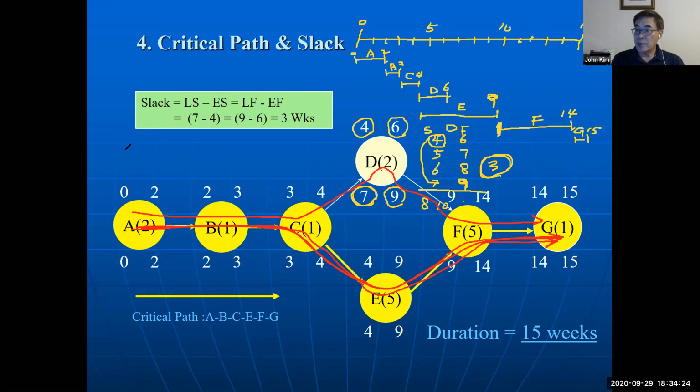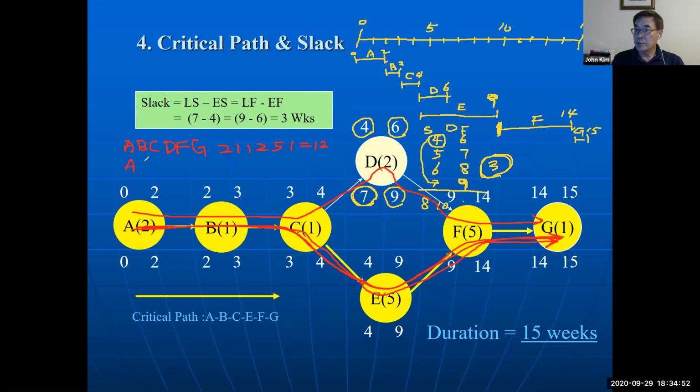The first one is A, B, C, D, and F, G. Add all the activity times: 2 plus 1 plus 1 plus 2 plus 5 and 1 equals 12.